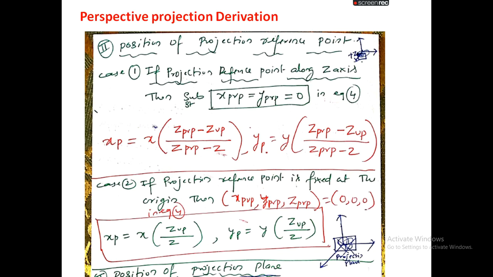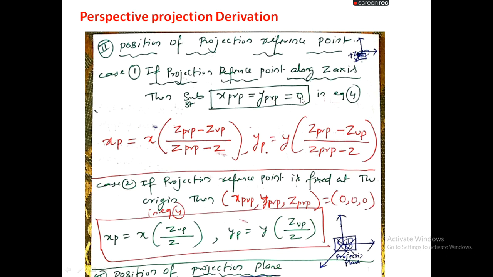Then we need to consider case 1. There are two cases. You can place the projection reference point with respect to two cases. If the projection reference point is along the z-axis, substitute x projection reference point equal to y projection reference point equal to 0.